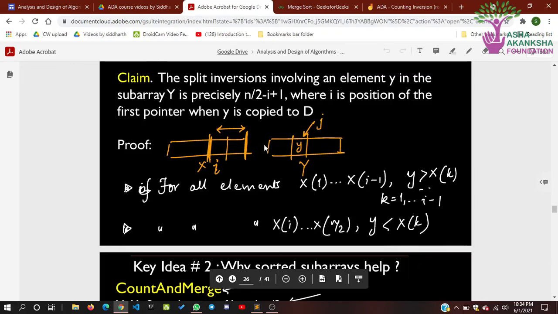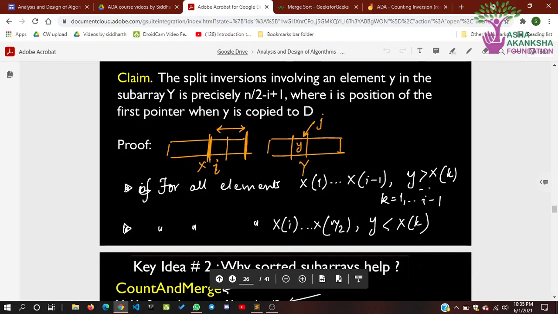So elements to the right will also be greater than y, which implies that the subarray from here on, which is indicated by this arrow, these two elements in this case, are greater than y. Hence whenever we find that an element of this array is smaller than an element of this array, we just use this formula to add to the count of inversions, that is n/2 minus i plus 1.